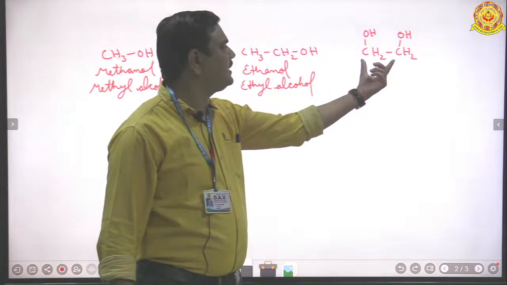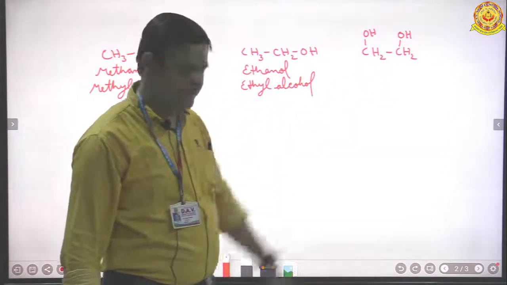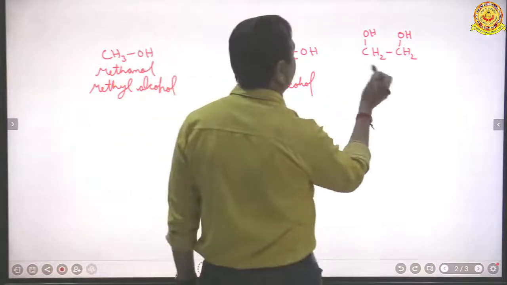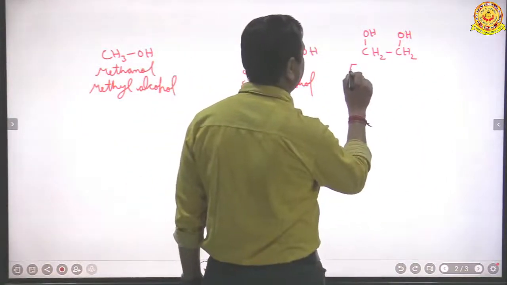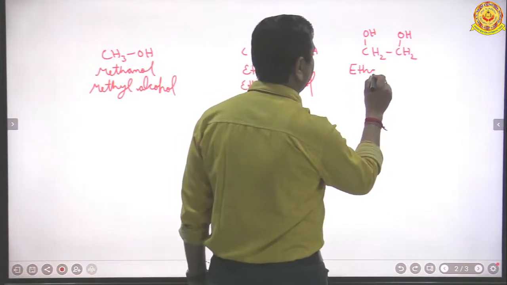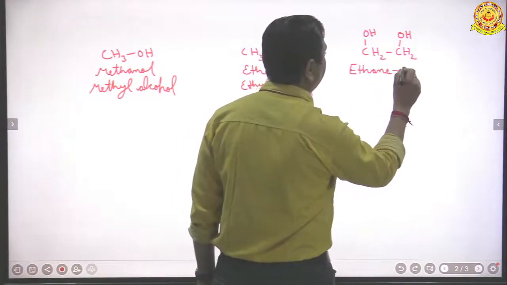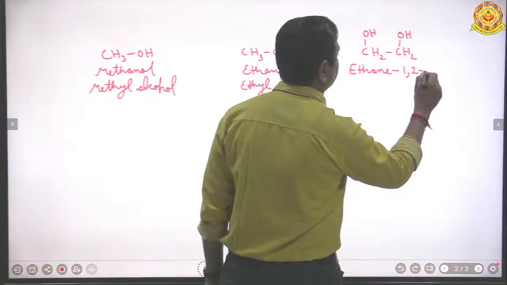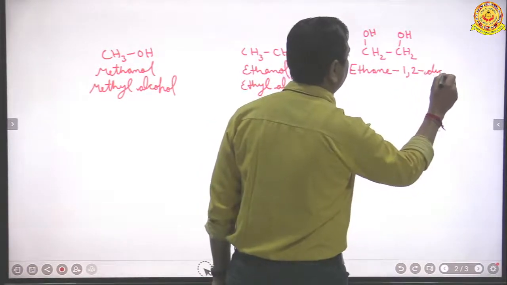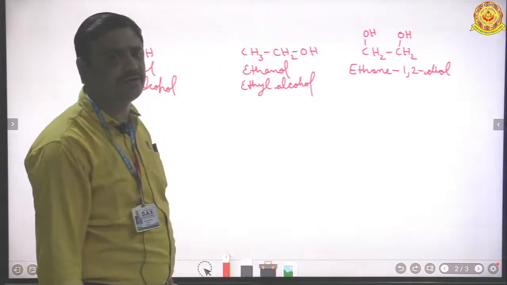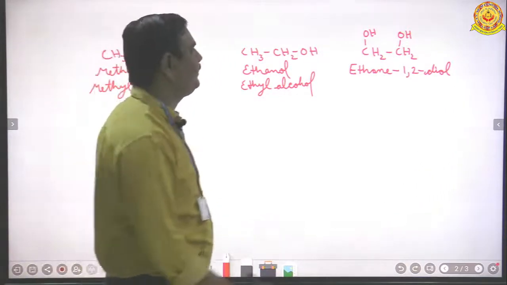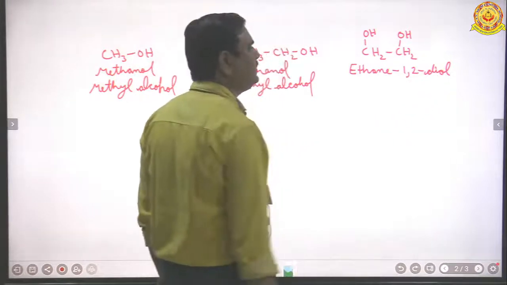They will be attached to different carbon atoms. In the IUPAC system, ethane-1,2-diol. Two hydroxyl groups are there, that's why diol. Okay, and we have mentioned the numbers also.